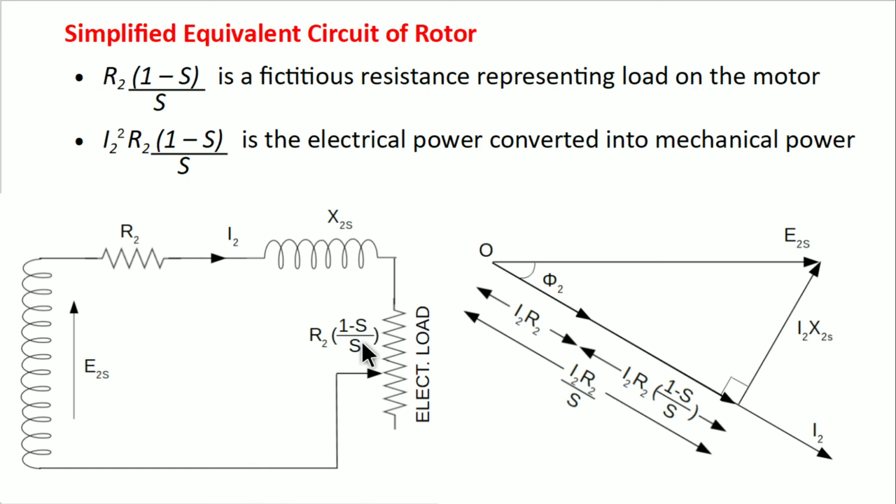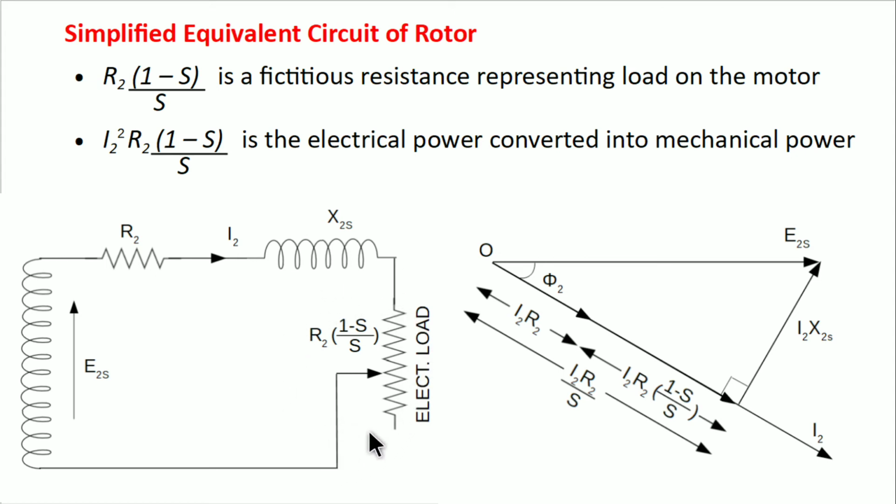For example, the power consumed by R2, I2 square R2, gives us the rotor copper losses, the electrical power loss. And this reactance does not consume any power.